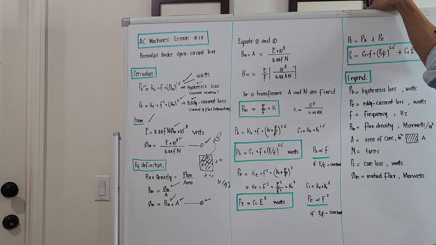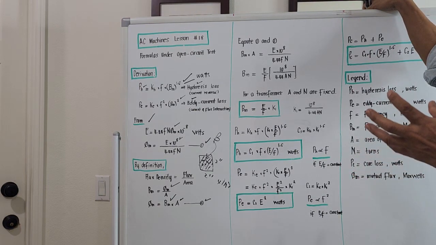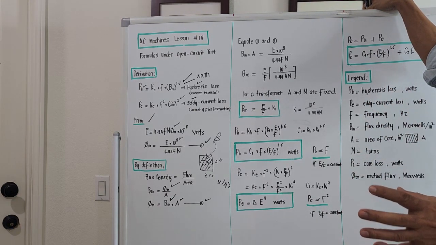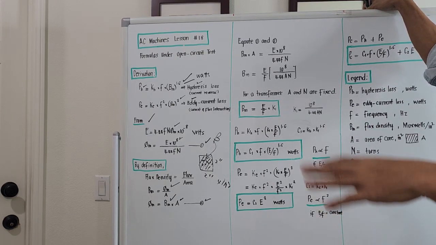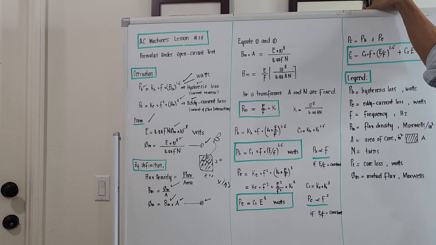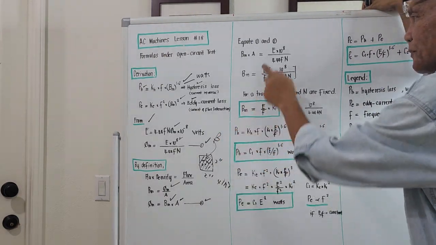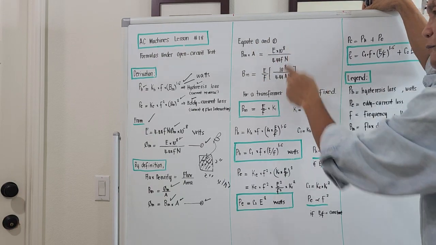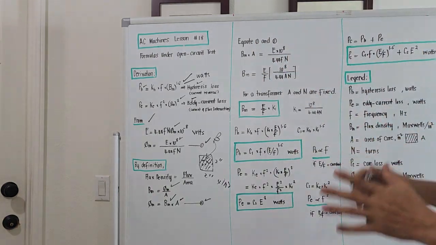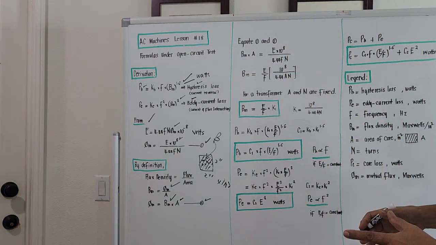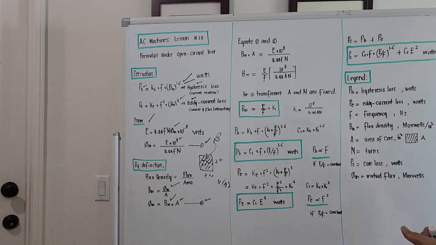That's why I have a subject matter on algebra. Algebra is very important because when we go to higher mathematics or higher subjects in electrical engineering or other engineering, it's always algebra. So we produce equation number 1 and number 2. I place it here, equate equation number 1 and number 2. We are now formulating the equation on how to compute for the value of flux density.